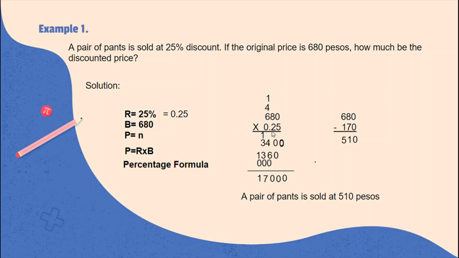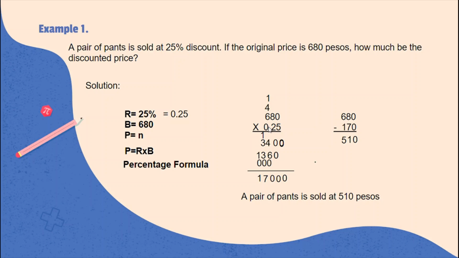Okay, so let us now multiply 680 by 0.25. So 5 times 0 is 0, 5 times 8 is 40, 0 carry 4, 5 times 6 is 30, 30 plus 4 is 34. Let's go to 2: 2 times 0 is 0, 2 times 8 is 16, 6 carry 1, 2 times 6 is 12, 12 plus 1 is 13.